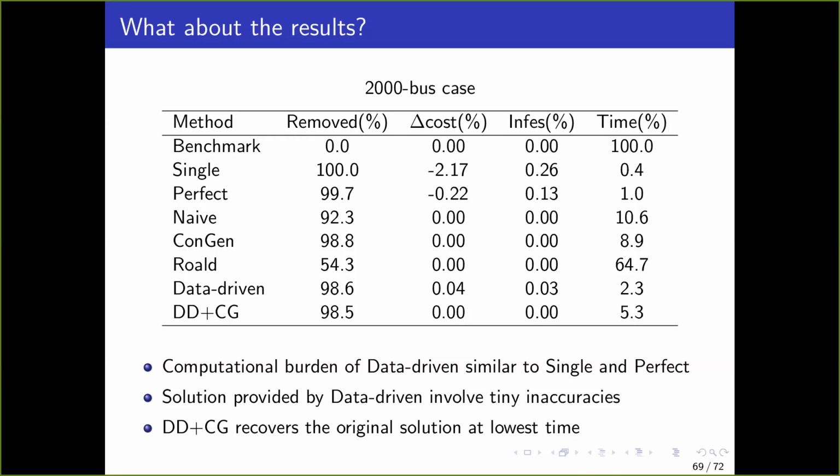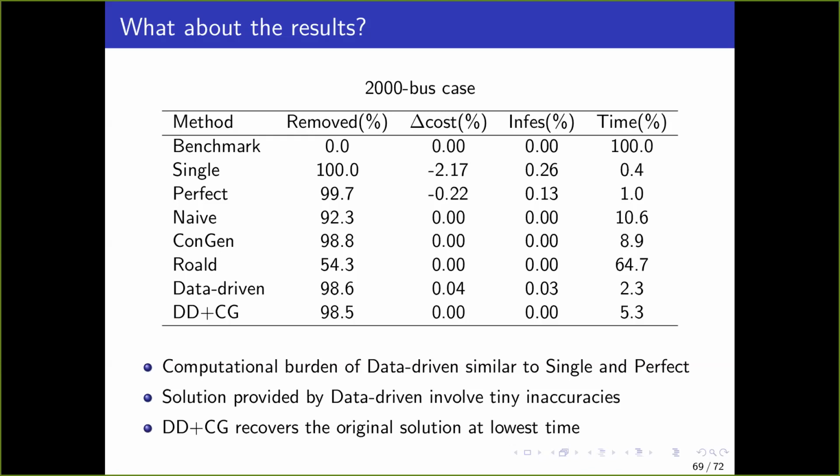Gotcha. Okay. Have you measured how many times you reach an infeasibility? Yeah, that's the 0.03%. Okay, gotcha. In the paper you can find a little bit more details.